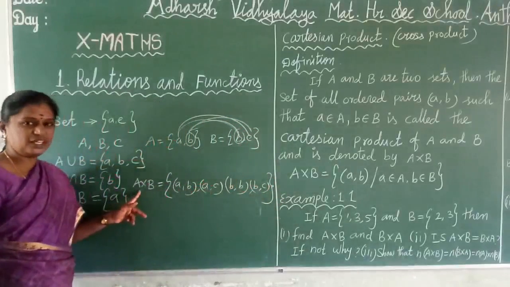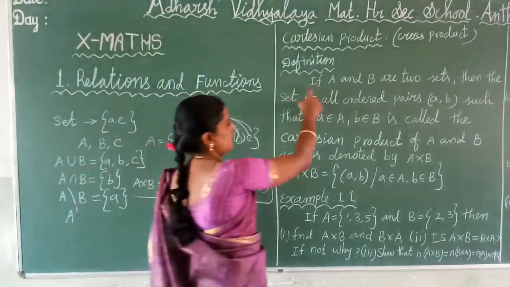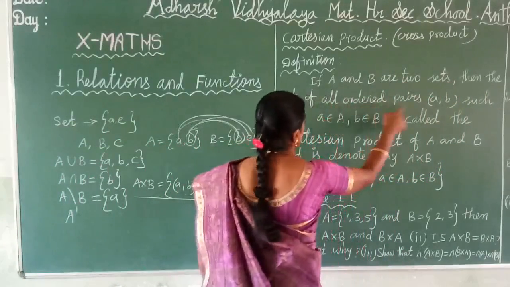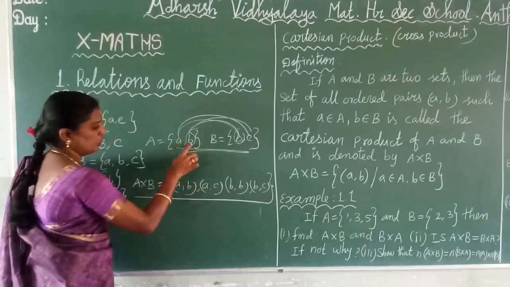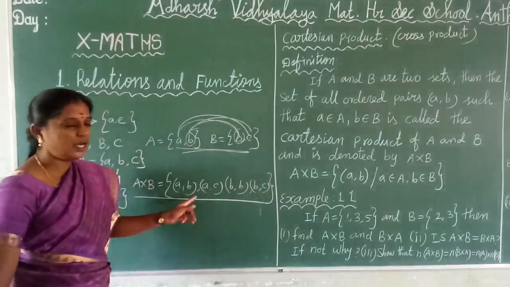This is the Cartesian product of A cross B. If A and B are two sets, then the set of all ordered pairs. Here write all the ordered pairs. Here two elements, here also two elements, so totally we get 4 ordered pairs.